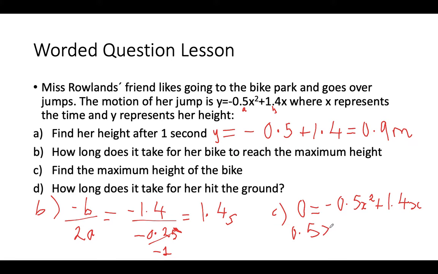0.5x squared equals 1.4x. Basically, we want the x's to be positive. Now, there's x squared on this side and x on this side, so we're going to cancel one x from each side. So we've got 0.5x equals 1.4, so x is going to be equal to 1.4 divided by 0.5. How many halves go into 1.4? Let's have a look.